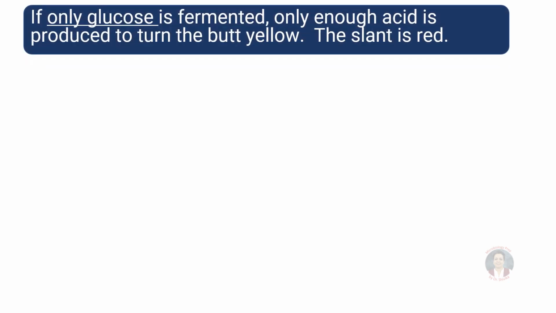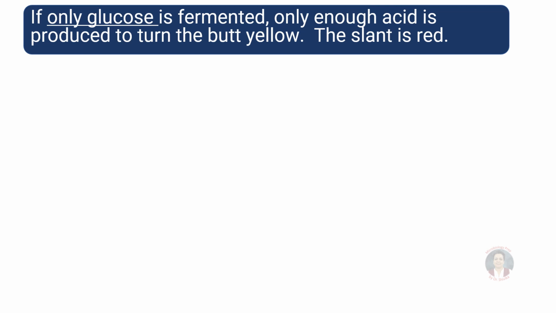So finally, to summarize the triple sugar iron agar test, if a bacterium only ferments glucose, a little amount of acid is produced because of the limited availability of the glucose.